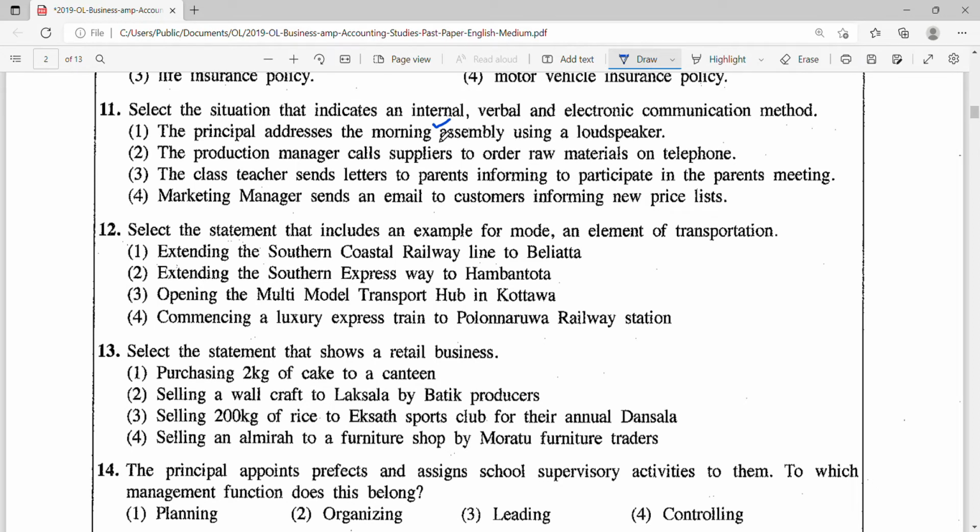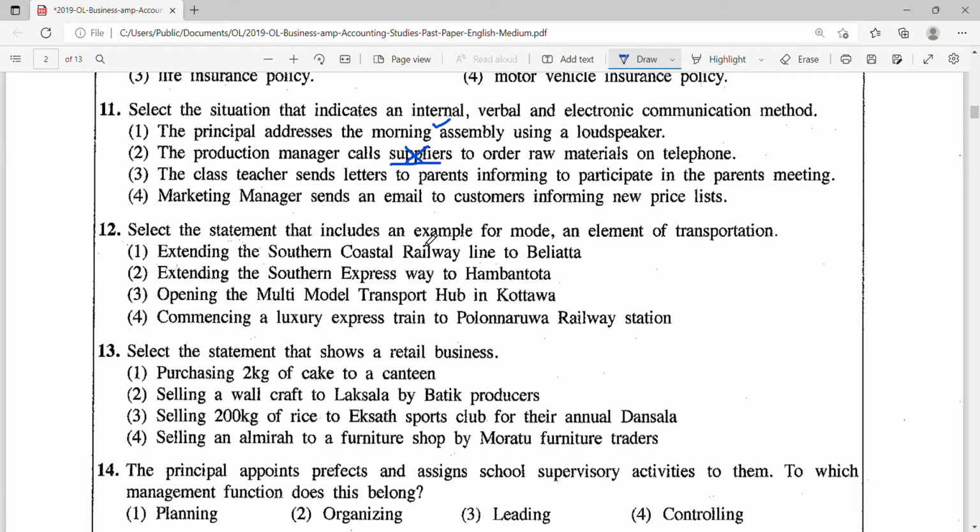Second, production manager calls suppliers. Now there itself, suppliers is someone external. You're talking to someone who's outside the company. So it's external communication. So that's not the correct answer. The class teacher sends letters to parents. Again, you don't have to read it any further.